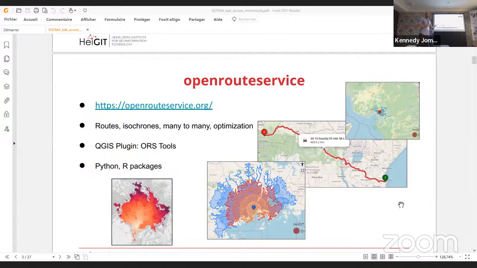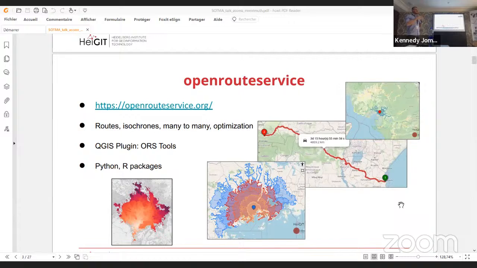You can use it on the website, or set it up on your local computer for a single country or district. There is A to B routing, many-to-many routing with multiple origins and destinations, and isochrones, which I'll explain a couple of slides later.